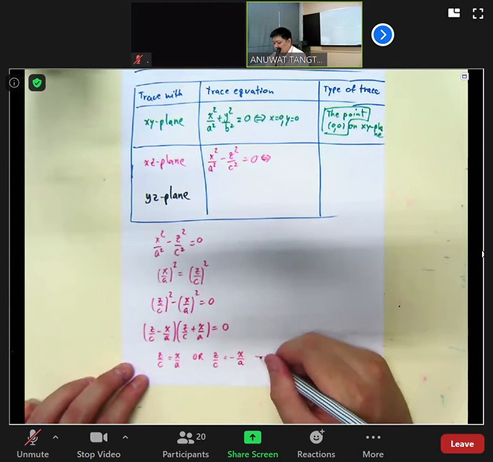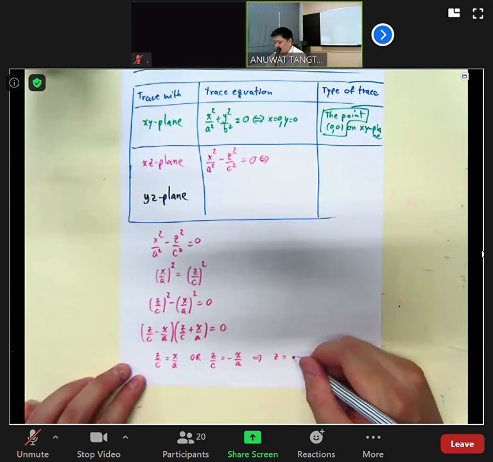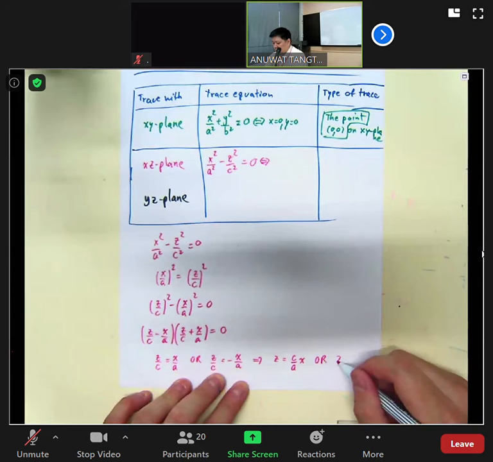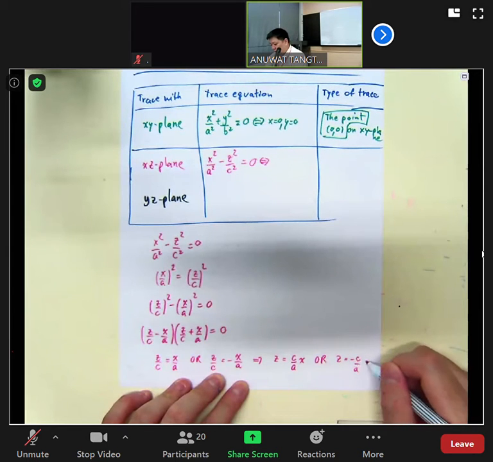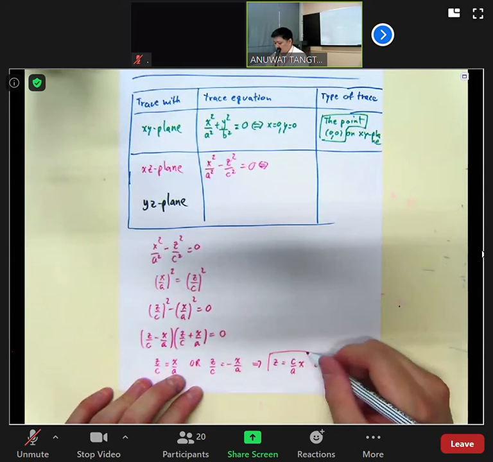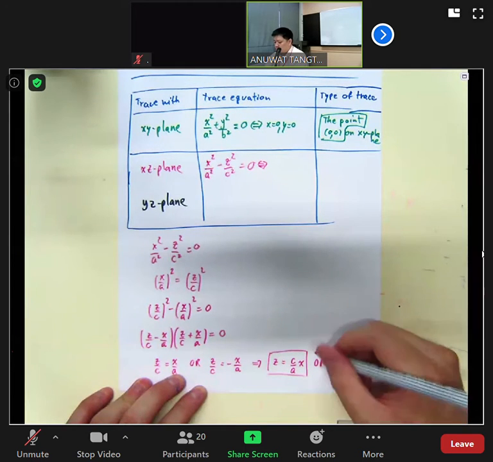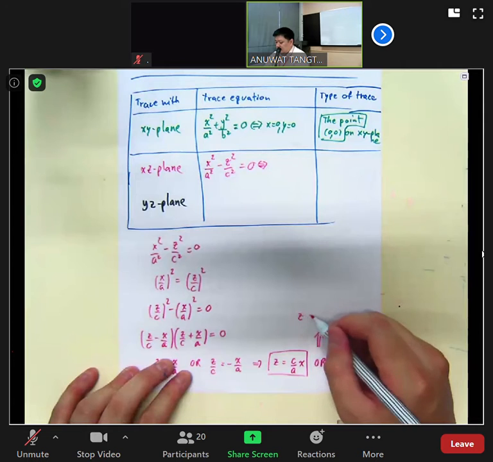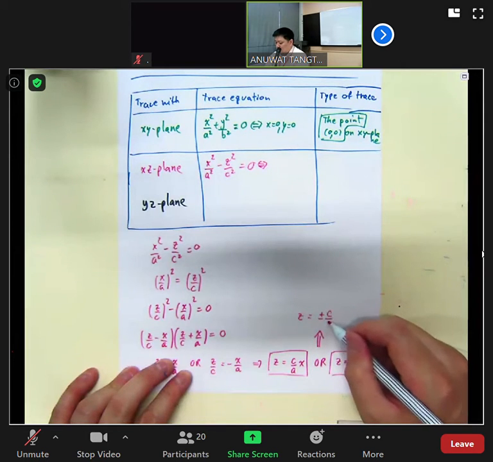In other words, this one would give z equal to c over a x, or z equal to minus c over a x. So we can say z equal to plus or minus c over a x.